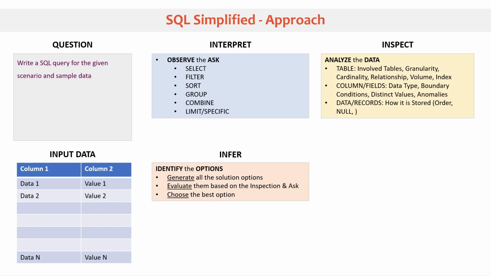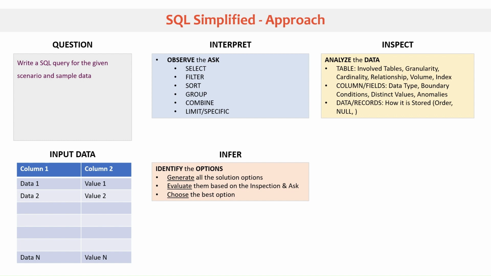And third is inferring. The third step in problem solving is inferring. Inferring is that we should be able to generate, for the given ask for the question, based on our inspection or analysis, these are the possible solutions. Try to generate solutions in plain English, not using any programming language.